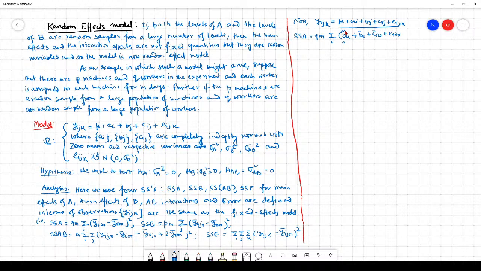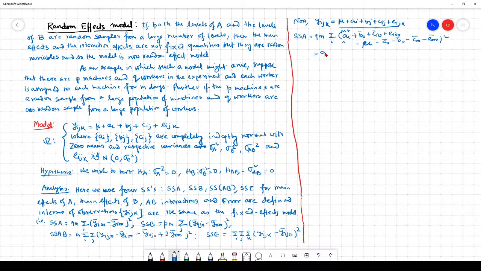I forgot to write mu here also, so minus y naught bar, this is equal to minus mu minus A naught bar minus B naught bar minus C naught bar minus E naught bar whole square.